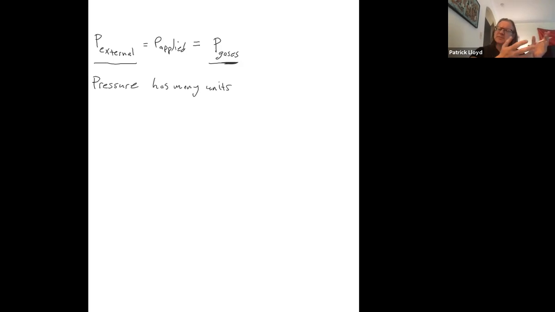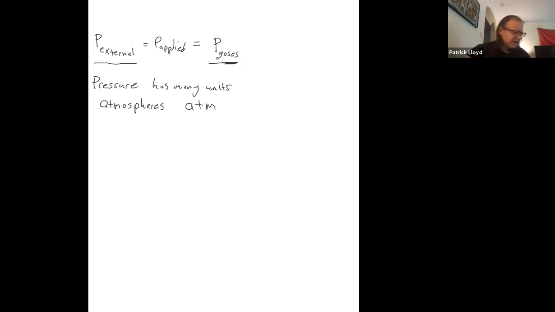Just like length has many units: inches, feet, yards, miles, centimeters, meters, kilometers. Same thing for pressure, it has many units. So what are the most common ones? One is called atmospheres, and atmospheres has an abbreviation, ATM.